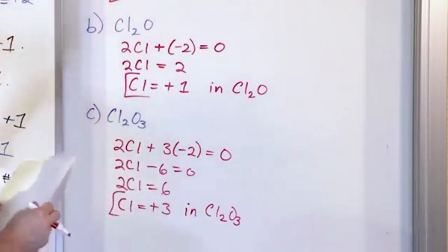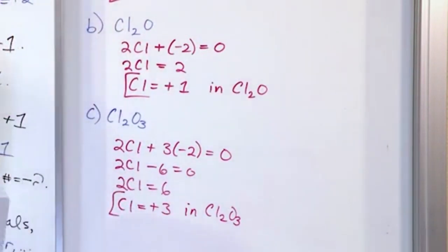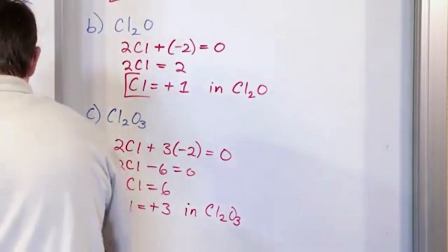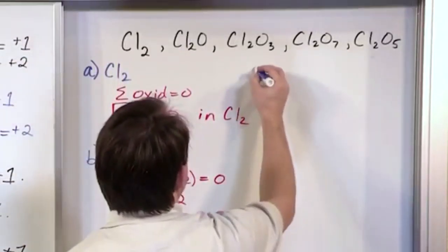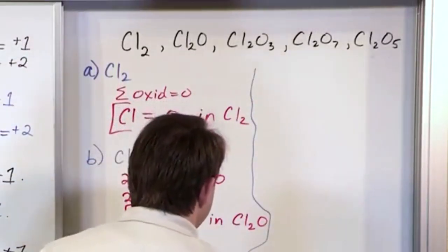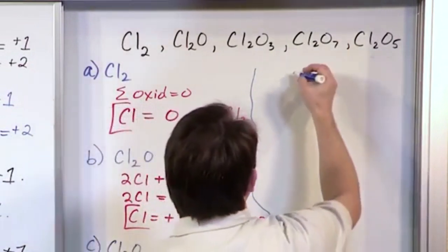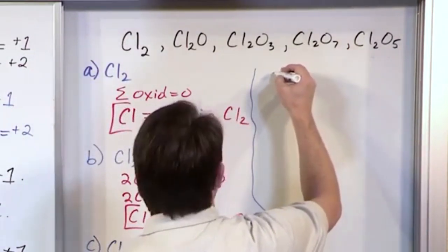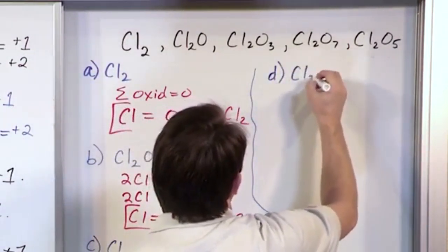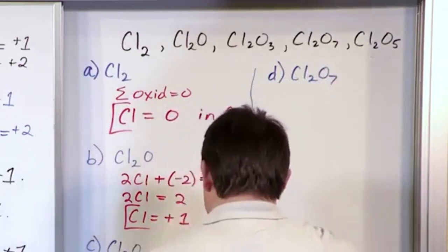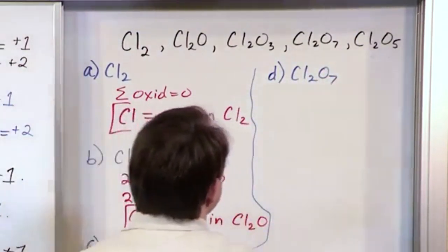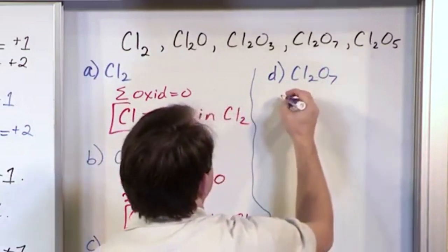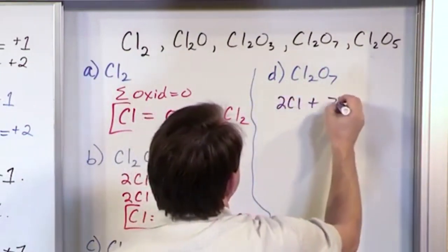All right, now let's just move up to the top of the board here and see if we can squeeze in the rest of what we're working on. Let's look at D, Cl2O7. Let me switch to purple. And what we have here is we have 2 chlorines, 7 oxygens.